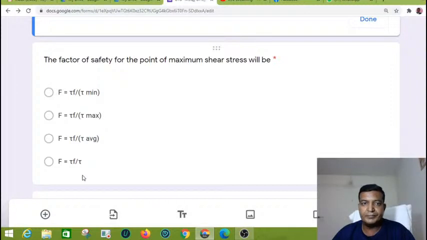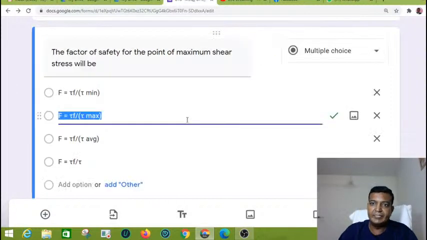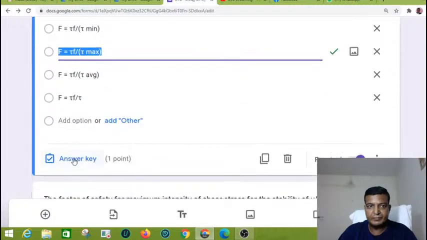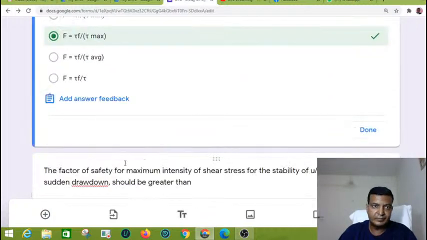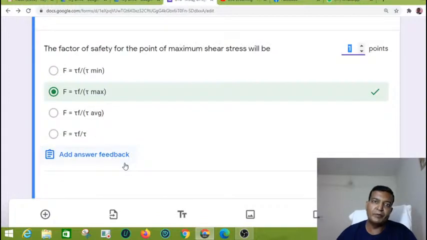Put up your opinion over here. The factor of safety for the point of maximum shear stress will be F equal to tau F upon tau max.